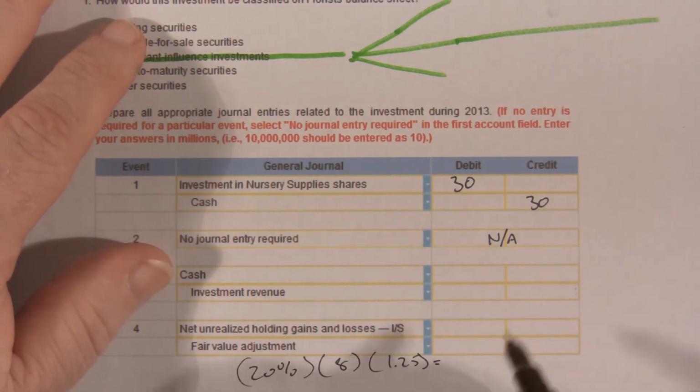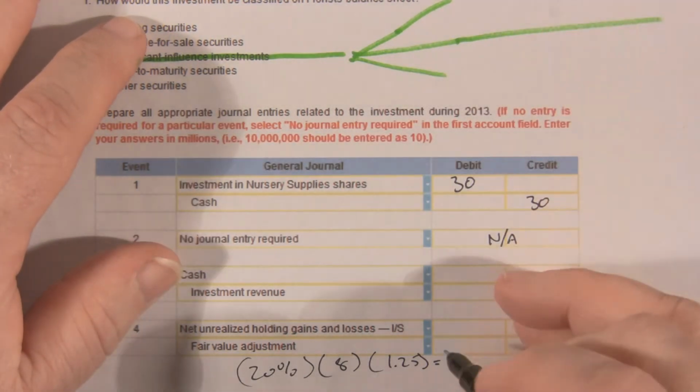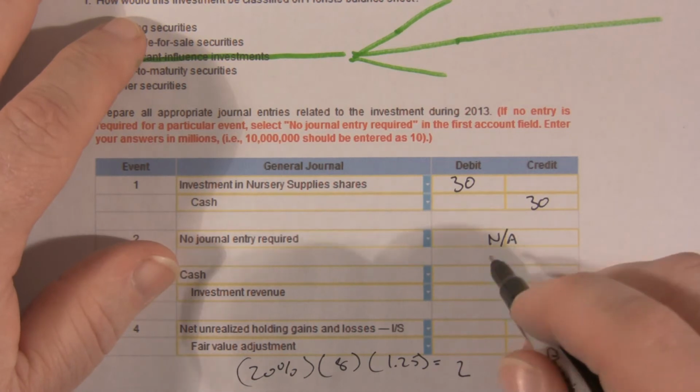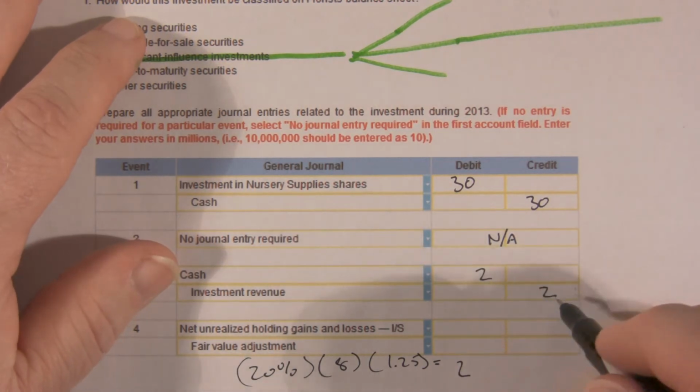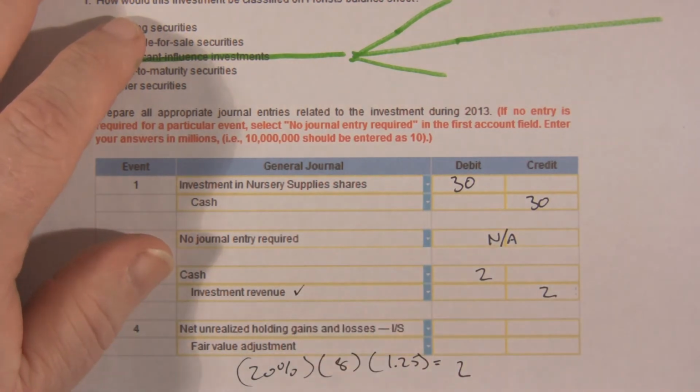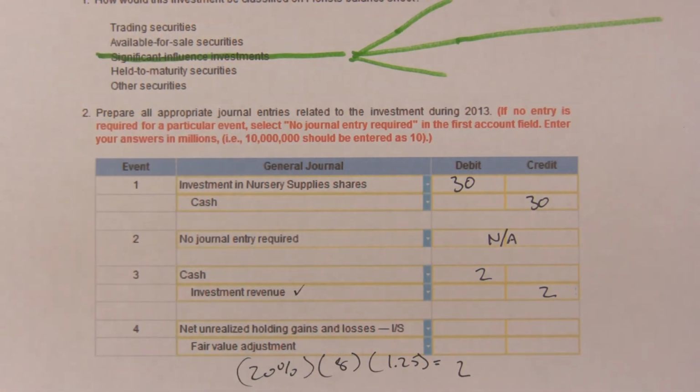That gives us a total of $2 million in our dividends. So we get $2 million in cash and $2 million in investment revenue. Again, remember, they've chosen to use the fair value method, not the equity method.